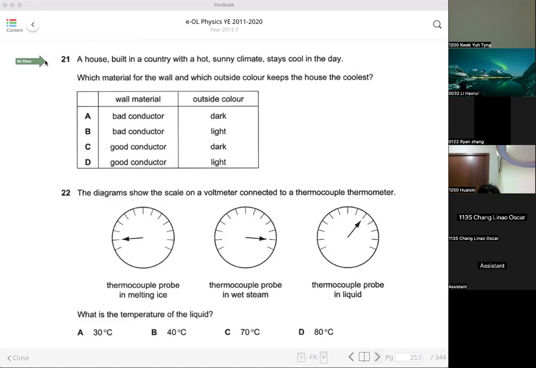Okay, I got my answer already. Huai Xing, well done. Yu Ting, well done. Very good, very good. Ryan, Bei Kwan, Hao Rui, and Oscar all got correct. Well done.